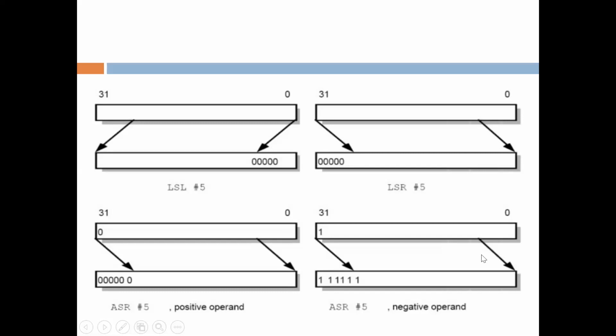So 5 times the least significant 5 bits will be lost. The fifth bit will be in the carry bit, and here, as you are shifting towards right, the most significant bit which is 1 will be retained as it is. So if you count 1, 2, 3, 4, 5, 5 times it is being retained, and the same data is shifted towards right. Okay, so this is the operation for LSL, LSR, ASR.